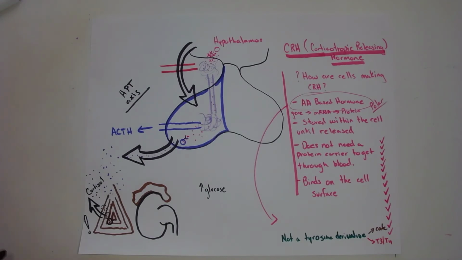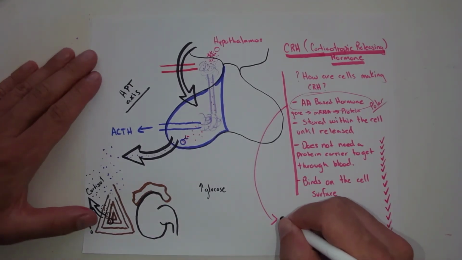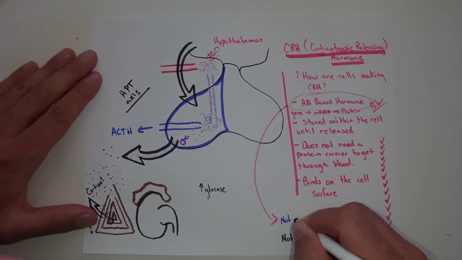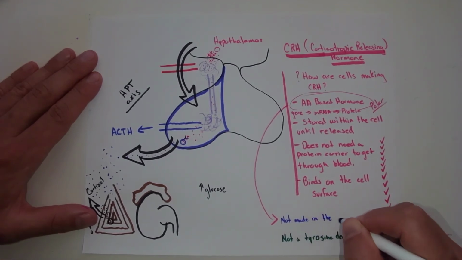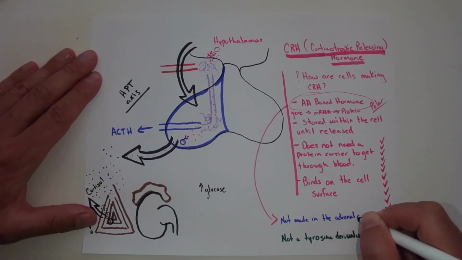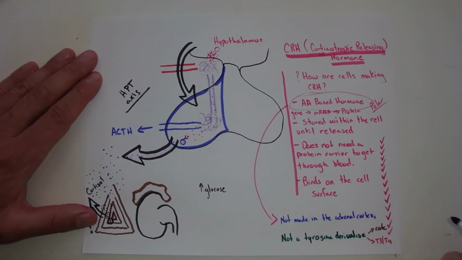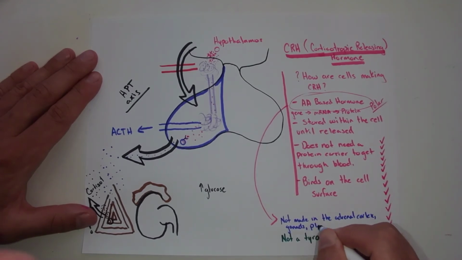It also is not made in the adrenal cortex, the gonads, ovaries, testes, or the placenta.